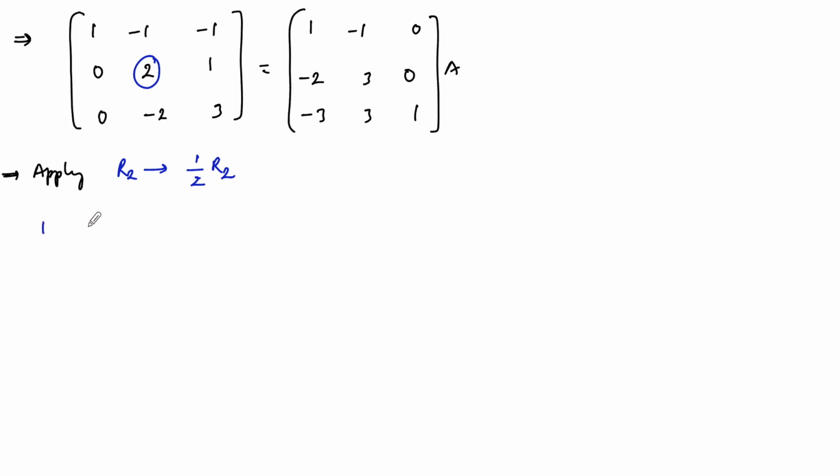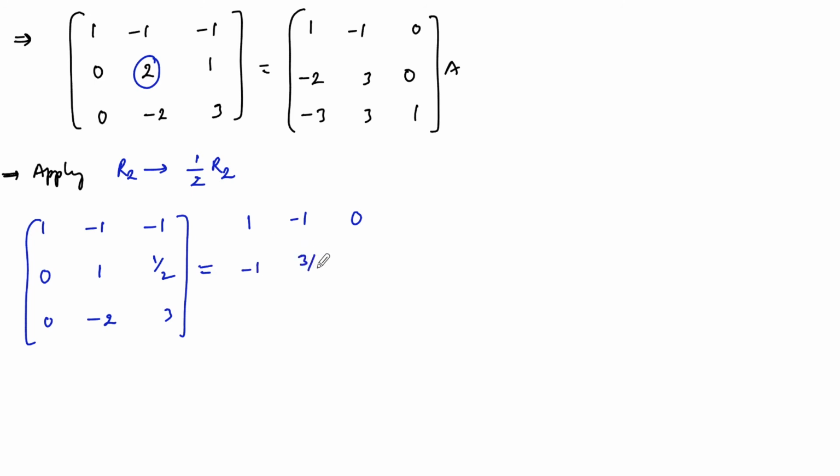So that 1, minus 1, minus 1 by 2, 0, 2 upon 2 is 1, 1 upon 2, and here 0, minus 2, minus 3, and the other side 1, minus 1, 0, minus 2 upon 2 is minus 1, 3 upon 2 and 0, minus 3, 3 and 1 into A. Right.